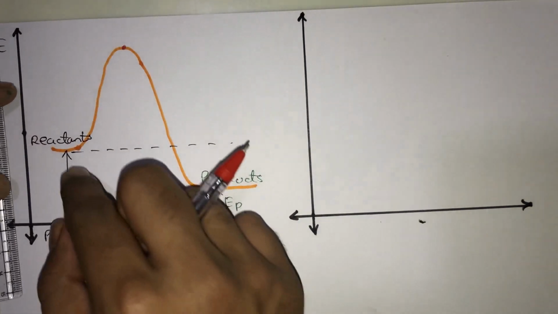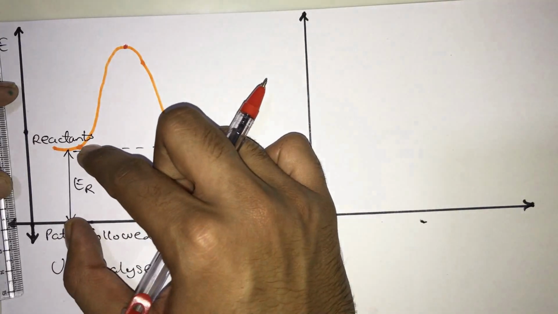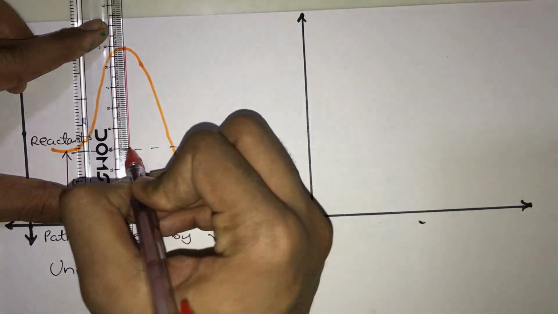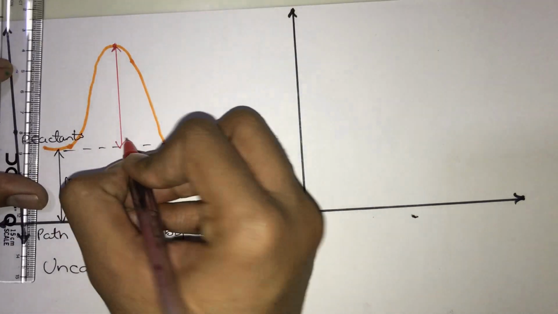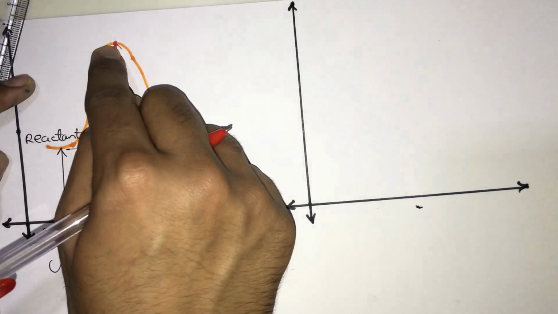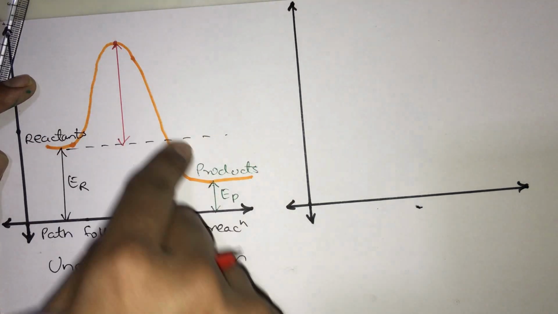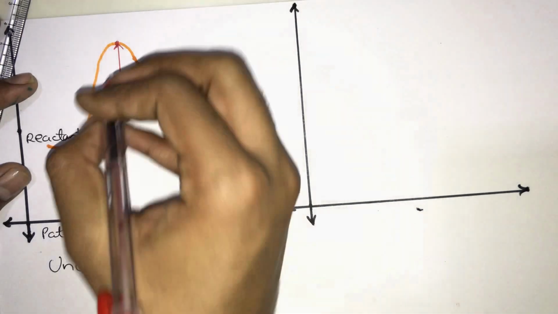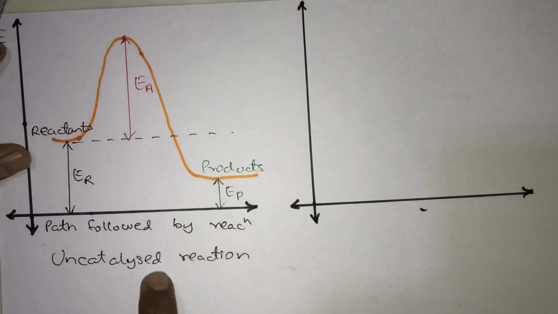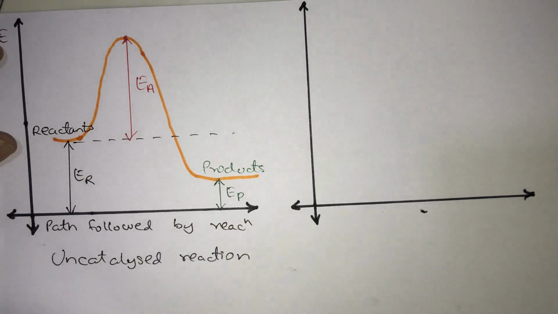So guys, can I say that reactants initially have this much amount of energy, and plus they require extra this much amount of energy. This energy that they require in order to follow the path and get converted into products is called as energy of activation, or it is called as activation energy.